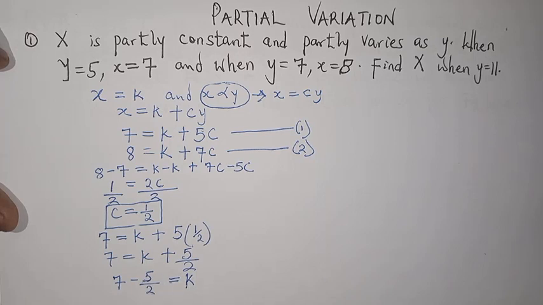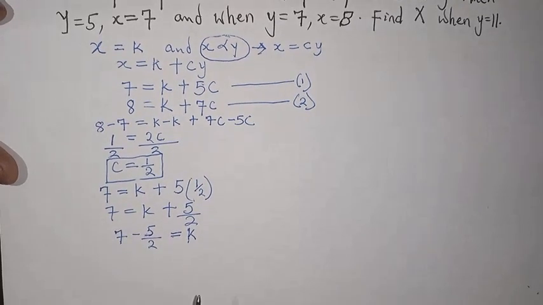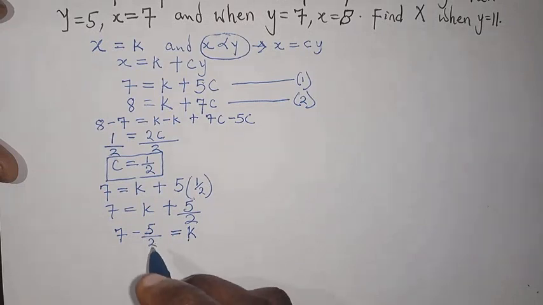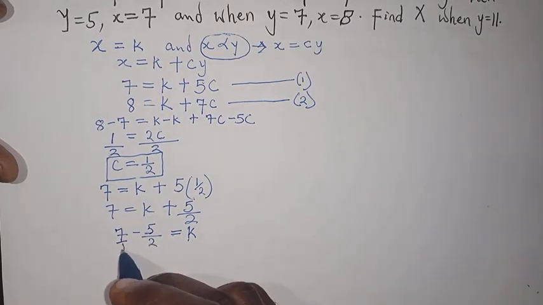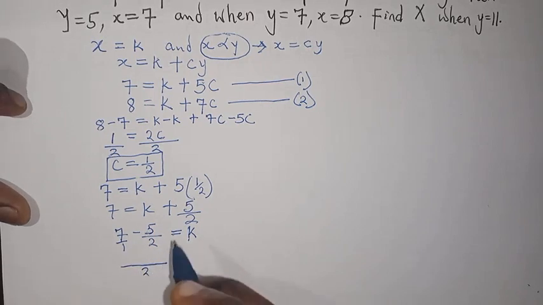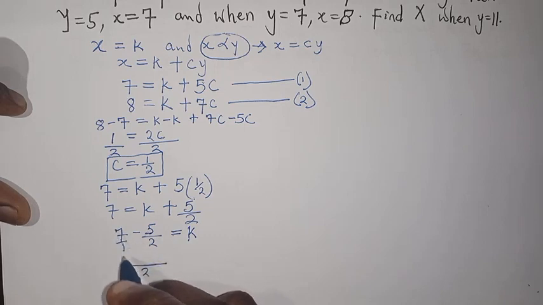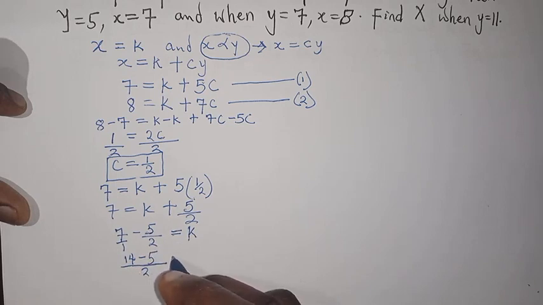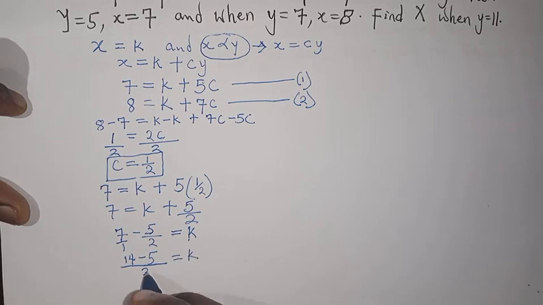Okay, so then I'm going to quickly solve this fraction and pick the LCM of this fraction, which is 2. So 1 goes into 2, 2 times 7 is 14. Then 2 goes into 2, 1 times 5 is 5. So 14 minus 5 is 9.